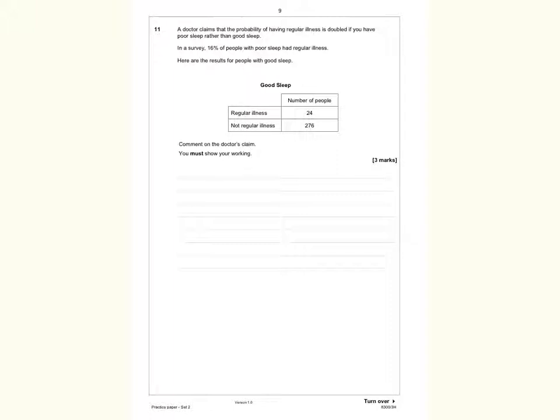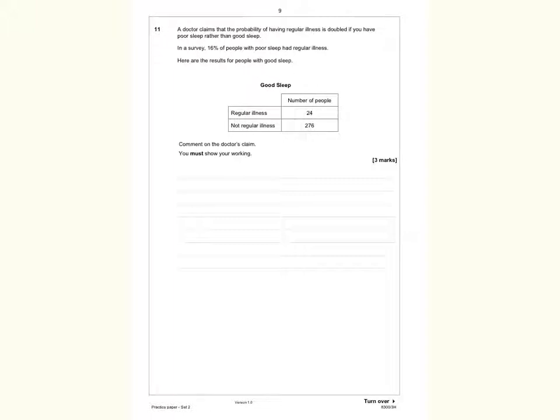Okay, so the doctor's claim was that having regular illness is doubled if you have poor sleep rather than good sleep. So we've got good sleep here, and we've got a value for poor sleep. We can find the percentage of people who had regular illness here. What we would do is add up all of these people and do 24 divided by that.